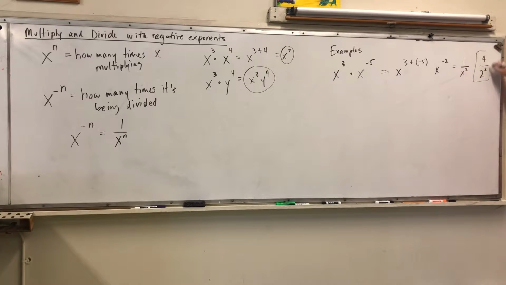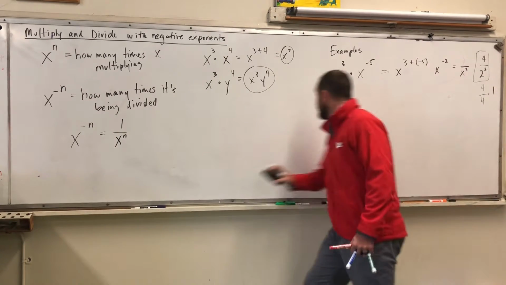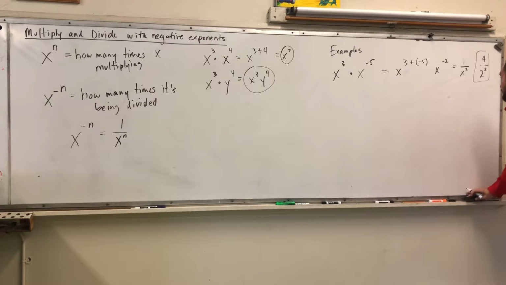That's the idea here. 4 over 4, 1, let's say. Now think about that. You're dividing by 2 twice. 4 divided by 2 is 2. 2 divided by 2 is 1, and that's the idea. This is how many times you're dividing by that number.